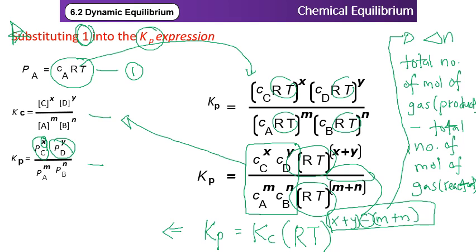So this is how we can show the relationship between Kp and Kc. This is how the formula Kp equal to Kc RT to the power of delta n is derived.